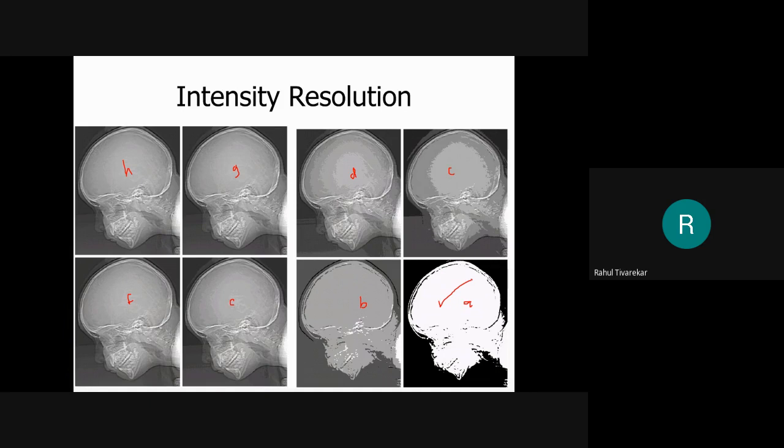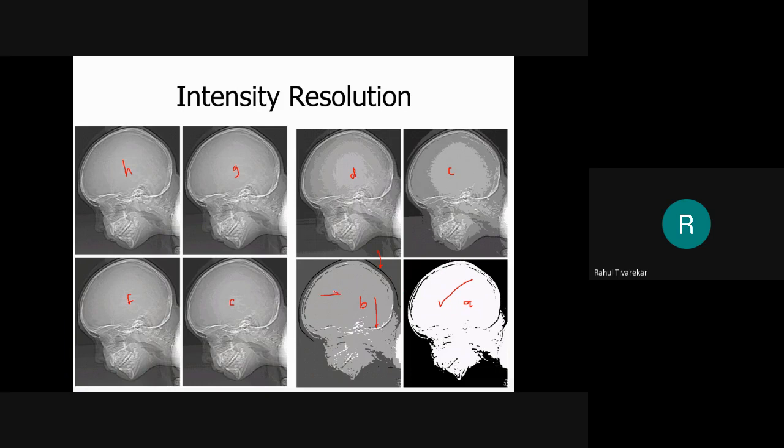Okay, if you look at the image B, you can see that here at this point, at this point there is a dark black line. Here you can see there is a pure white. So instead of having only black and white, there are two more intensity levels.